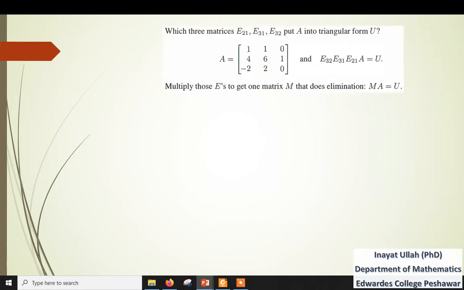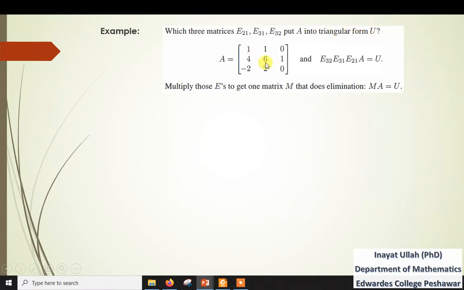Now in the coming example, we are going to convert this matrix A into an upper triangular matrix. U stands for upper triangular matrix. It asks which 3 matrices E21, E31 and E32 put this matrix A into triangular form U, meaning upper triangular form.